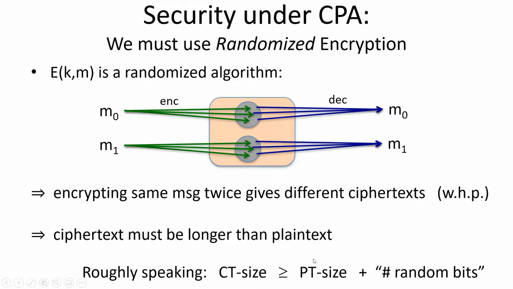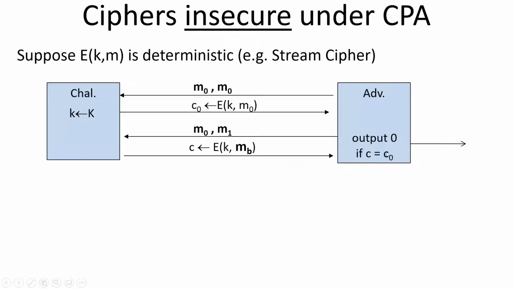So the ciphertext size is basically the plaintext size plus the randomness. It might be that your ciphertext needs to be larger still, but this is the minimum bound. They cannot be smaller. If they're smaller, then that means that you're not using real randomness correctly, and you are contributing to the collision probability, and therefore contributing to the probability that this event will happen and this attack will be successful.